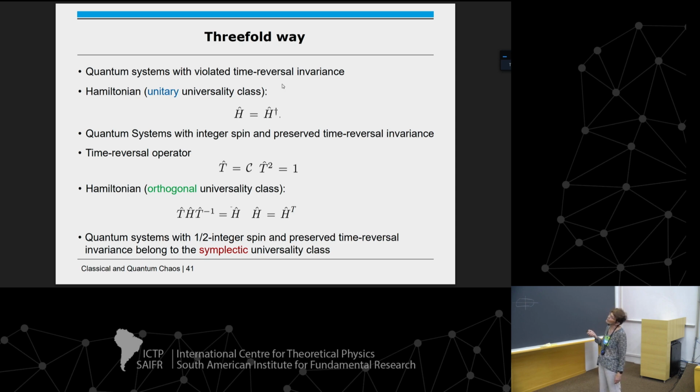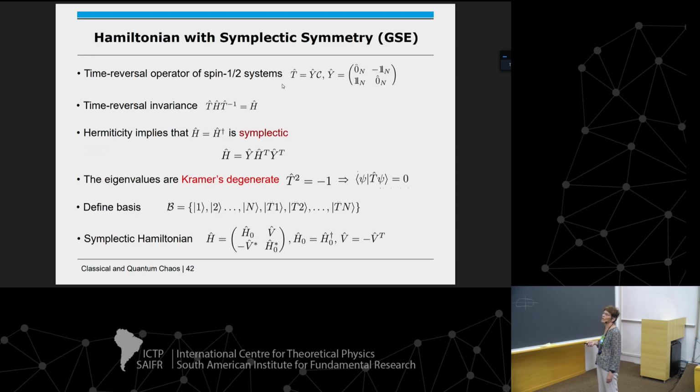You can have Hamiltonians which are time reversal invariant, and these are real symmetric Hamiltonians, and you can have the third class, universality class, the symplectic symmetry, and this becomes of relevance when you have a spin 1/2 system, which corresponds to a time reversal invariant Hamiltonian which doesn't have any additional rotational symmetries.